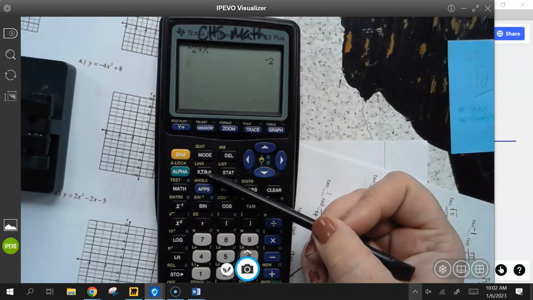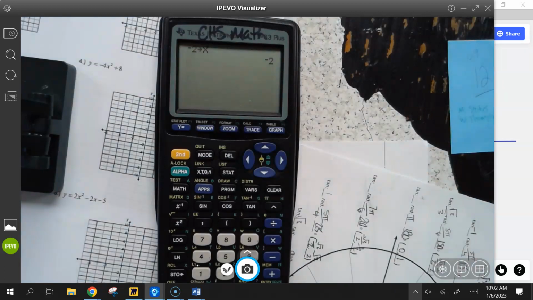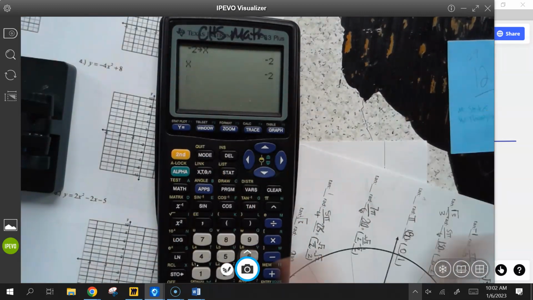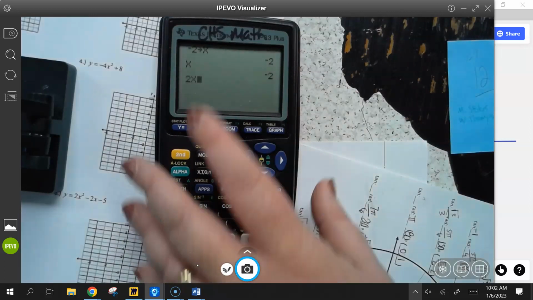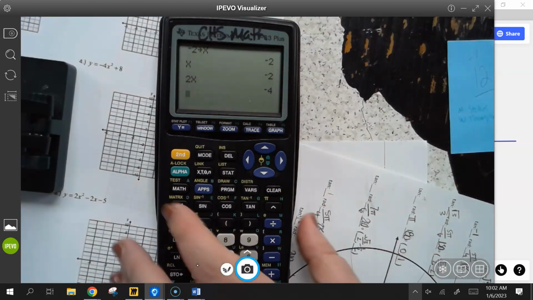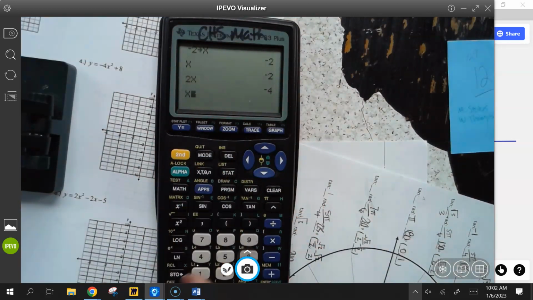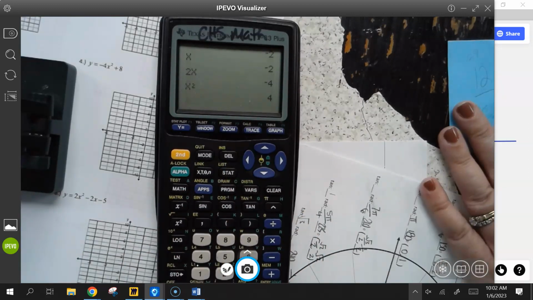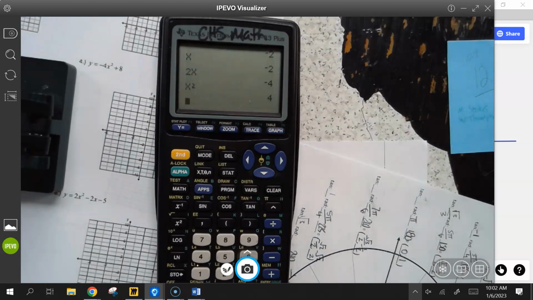Everybody with me? So what this does is now every time I type X on my calculator, it reads it as -2. What's 2x? Well, 2 times x should be -4. How about x squared? Now, why is this helpful? Well, look at what you're fixing to have to do.